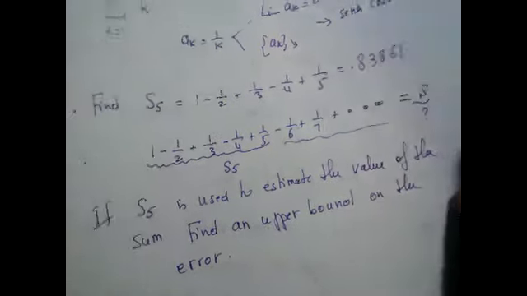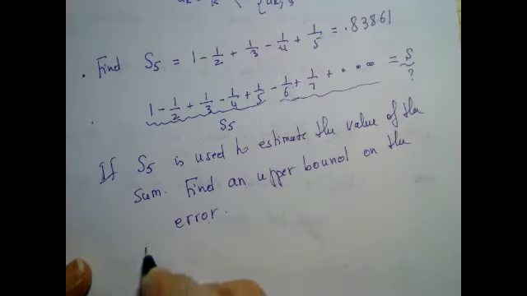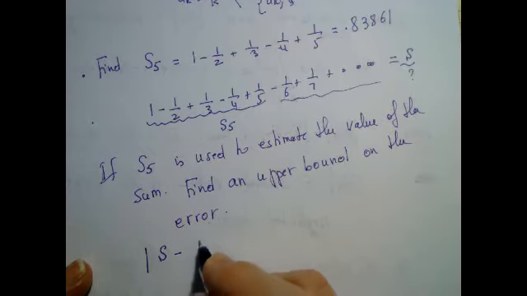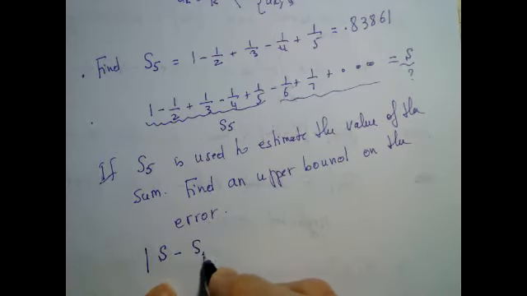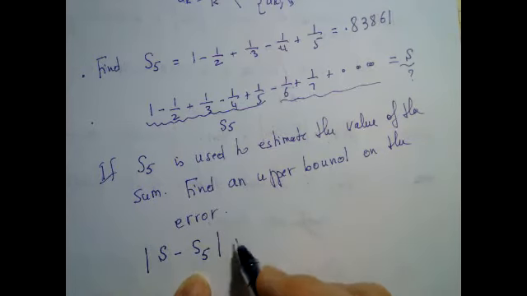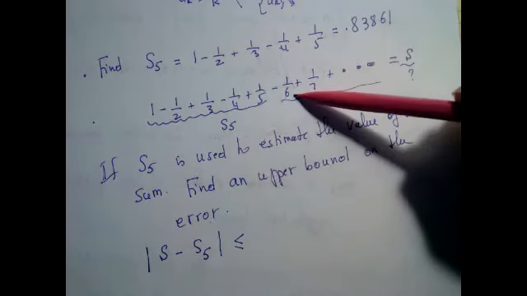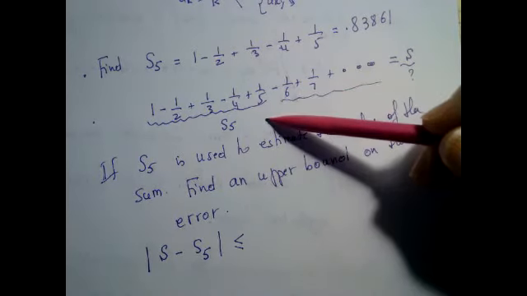Okay, the remainder theorem tells me the following. This series converges, it is alternating and both conditions are satisfied, because this formula doesn't work for other series. The remainder theorem tells me that S minus S5, meaning how far S is from the sum of the first 5 terms, is always less than the first term we neglect after S5.